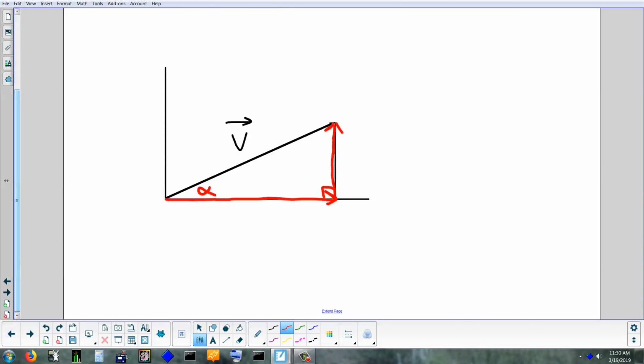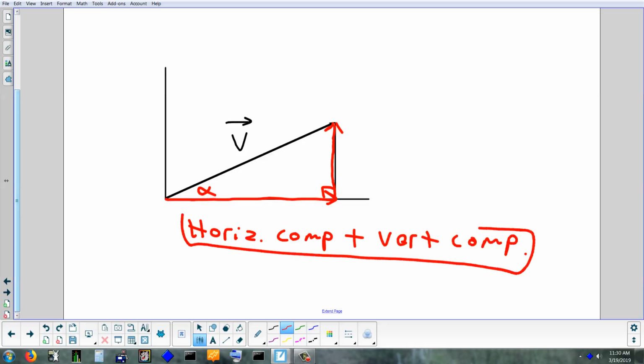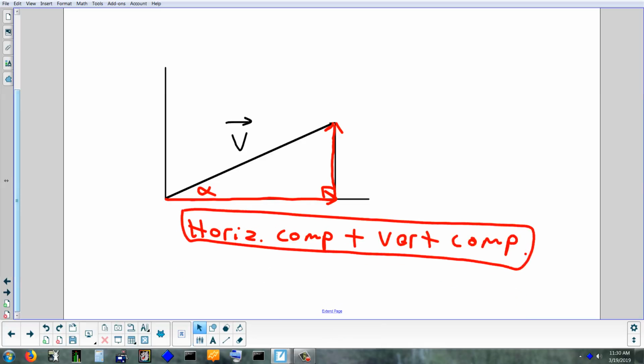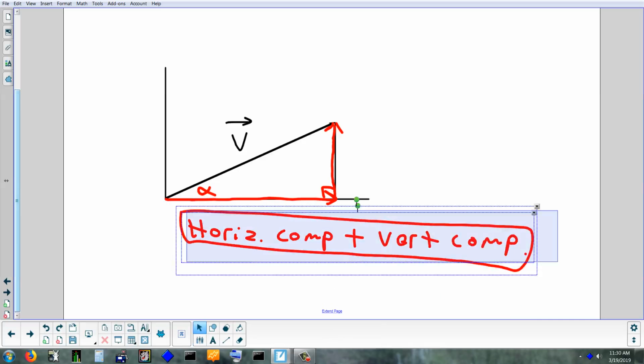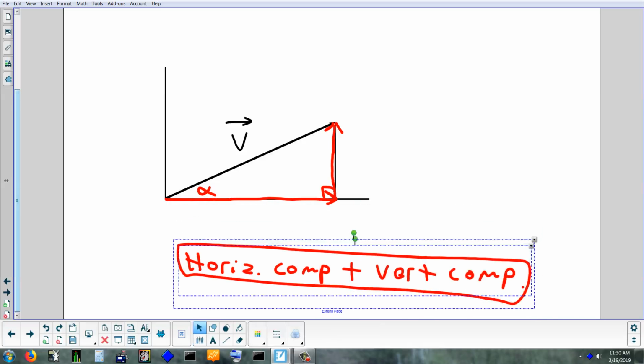All right, so the idea is we have to figure out this: horizontal component plus vertical component. That's the formula we have to figure out. So basically, if you call the bottom side x and you call the height y, x would be a vector, and y is another vector.